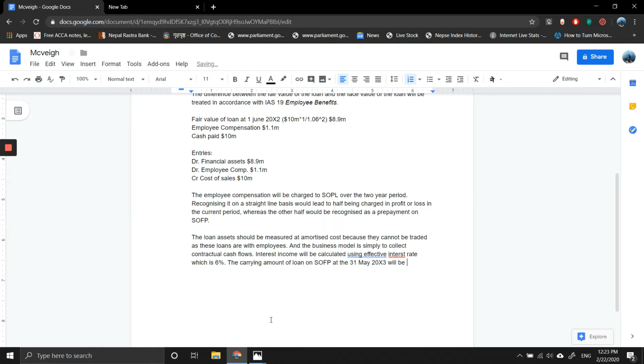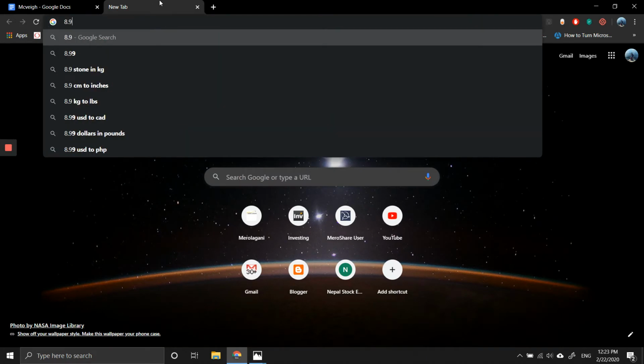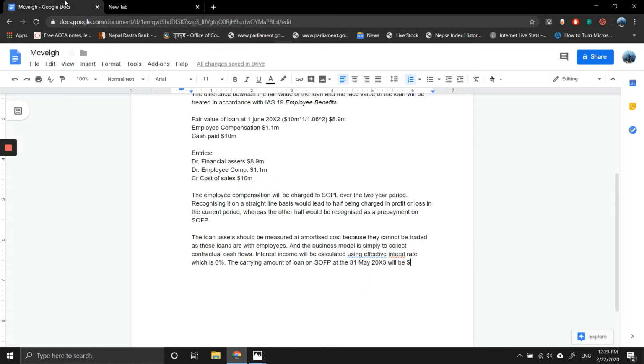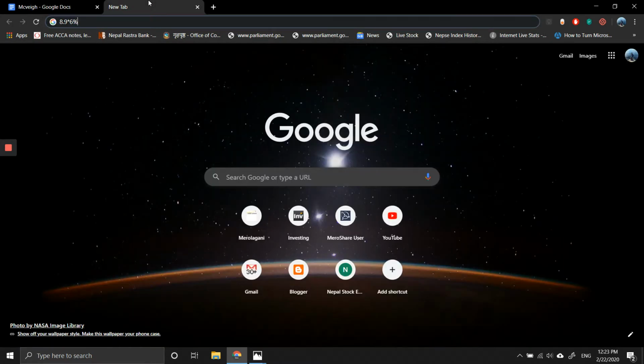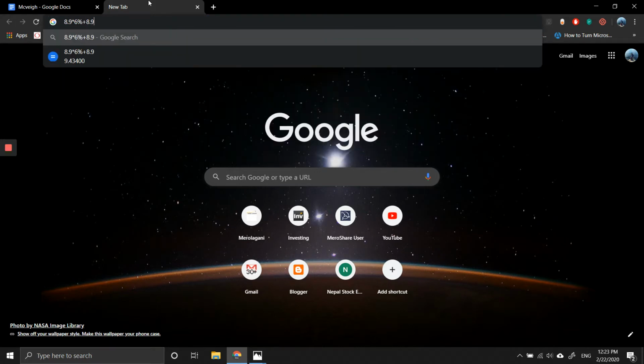It will be $8.9 million into 6%, which is 0.53. So 0.53 will be added to 8.9.